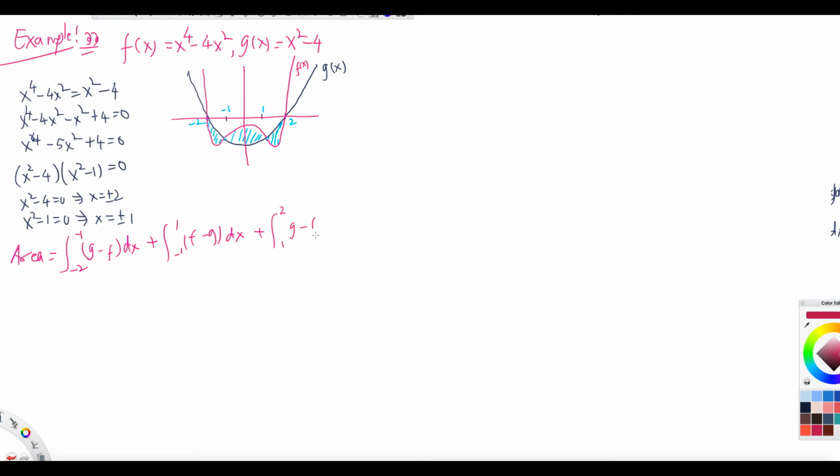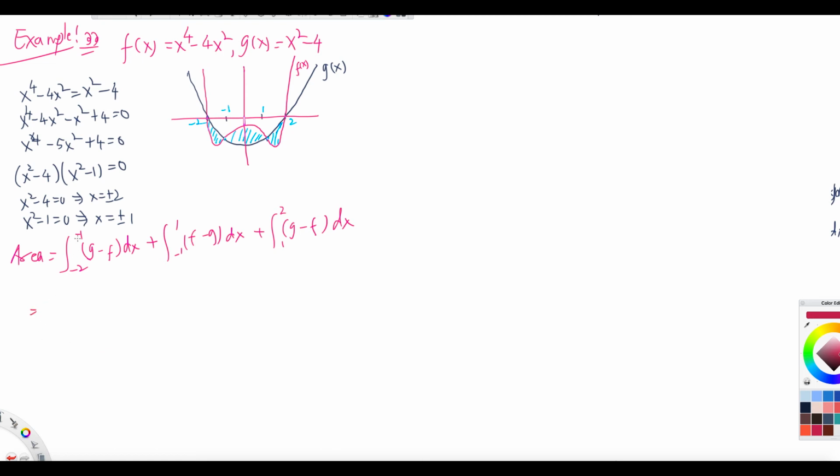So g minus f dx. You can do that way, or you can do negative 2 to negative 1, the same thing, and negative 1 to 0, and then multiply f minus g, and then multiply whatever area you get by 2. That's what you get.